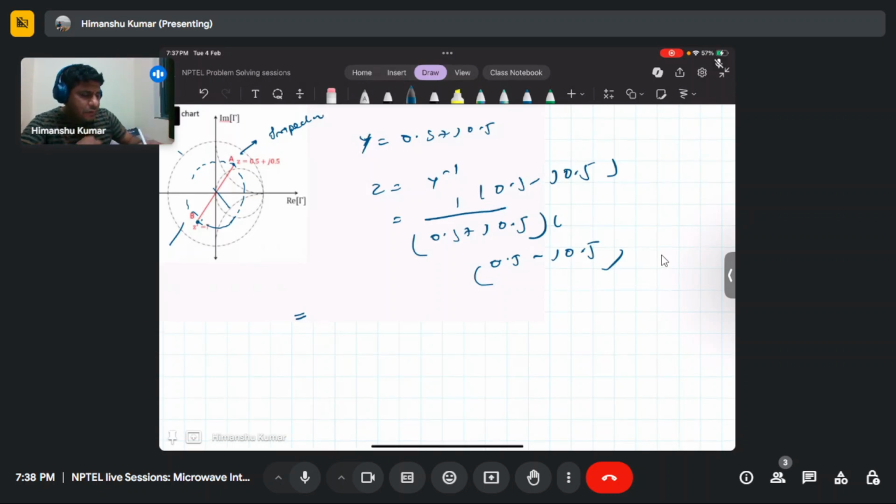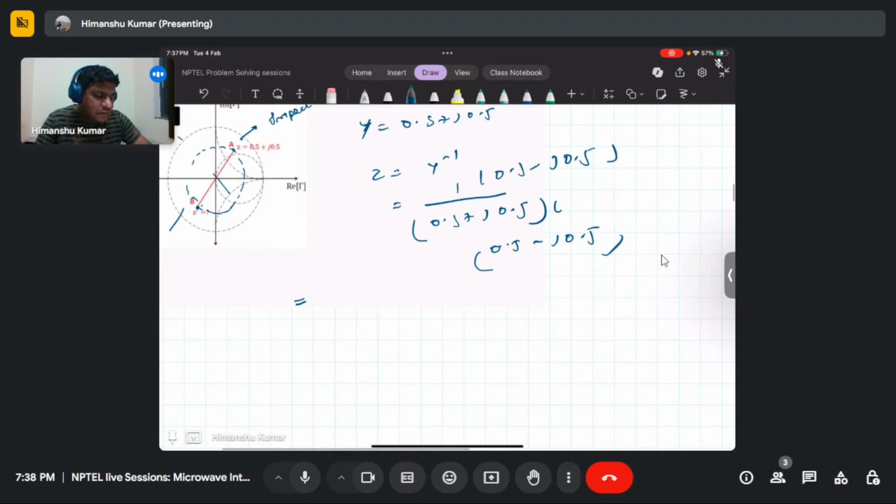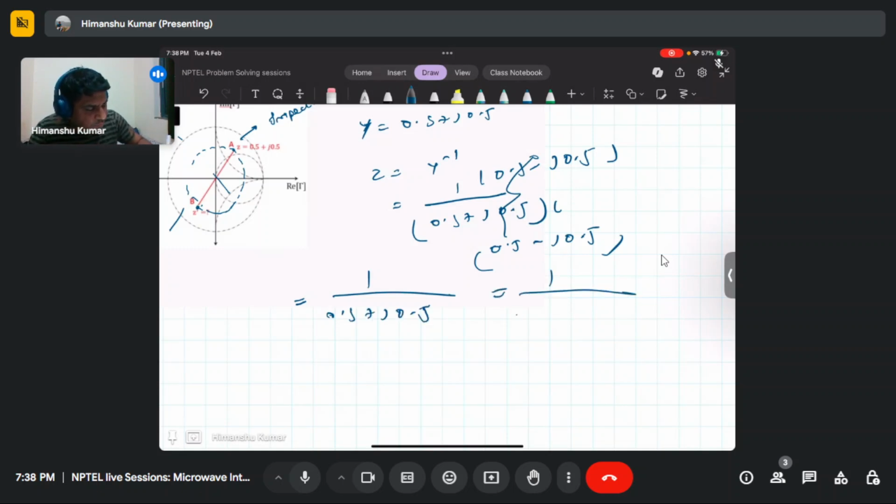Now, take the 0.5 outside, so this is 0.5 times (1 plus j).